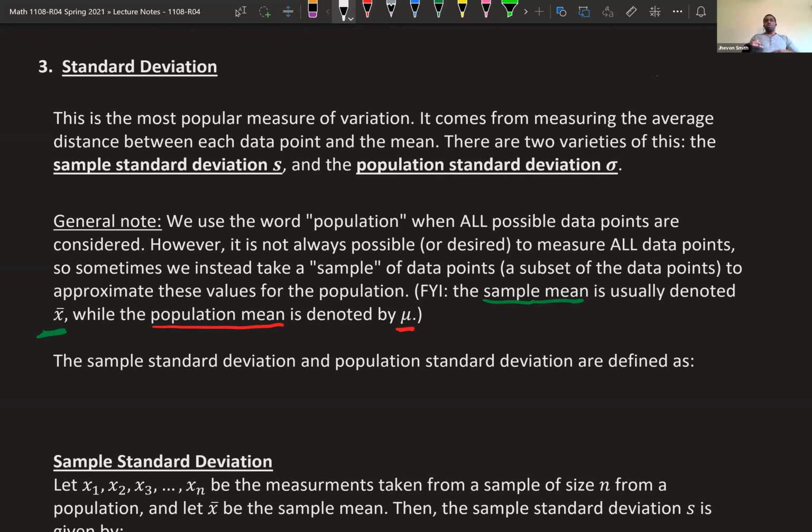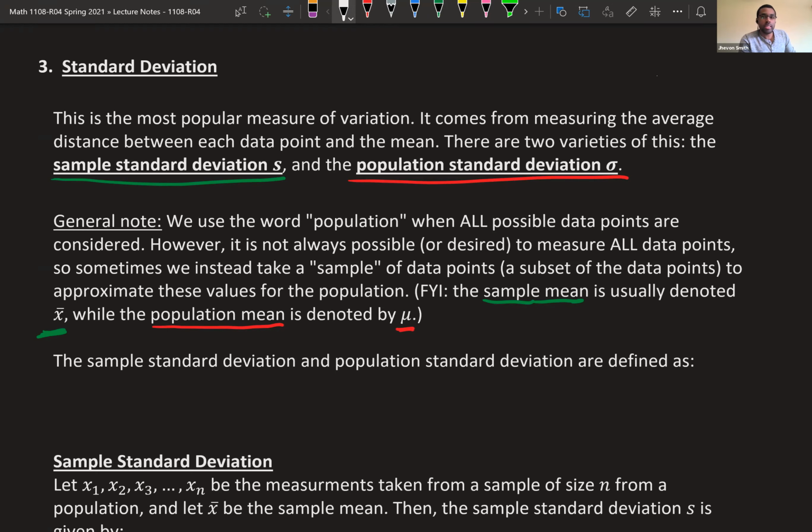Okay, now once you know all that, there's a sample standard deviation, which is, say, S, and then there's a population standard deviation, which is the Greek letter sigma, lowercase sigma. We want to be able to measure this sort of variation, which has a very interesting formula. What the standard deviation attempts to do is to find how much data points are spread out away from the mean on average, right?